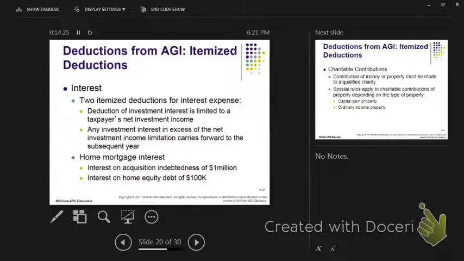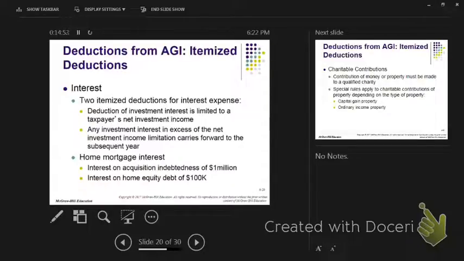But mortgage, you can deduct 2 homes. Main home, secondary home. If you have 5 homes, tough, okay? 2 homes. You can do up to $1 million of indebtedness, meaning if you're nice and wealthy and you have a couple homes of over $1 million of debt, you only get to do interest on up to $1 million of indebtedness.